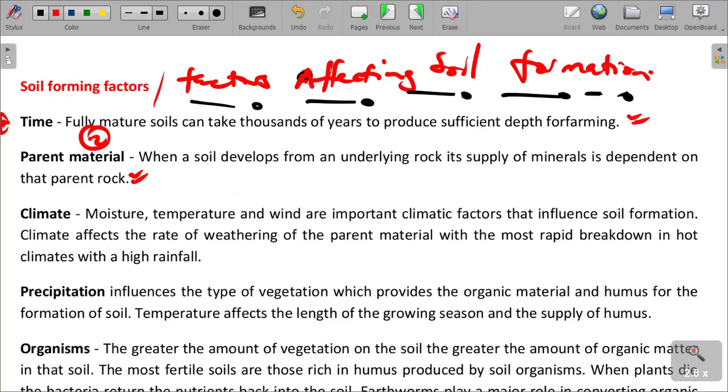We have igneous rocks, sedimentary rocks, and metamorphic rocks. All of those give different soil types. So the rock from which the soil is forming defines its properties and characteristics, and the underlying minerals found within that soil are also dependent on that parent rock.